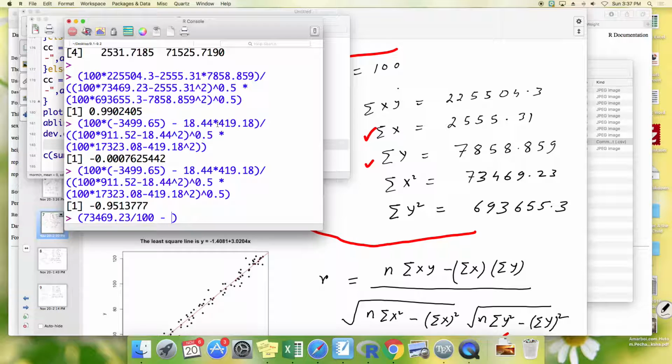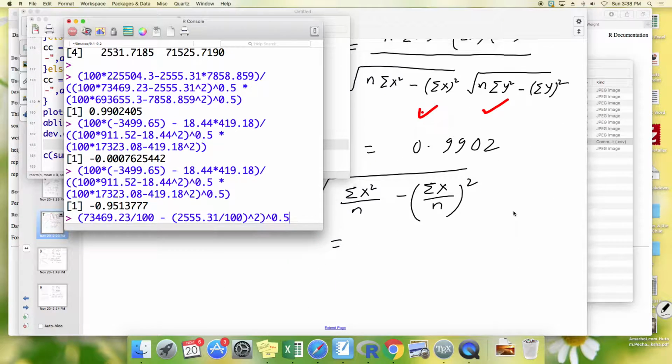Summation x is 2555.31 divided by 100, and then square this thing, and then take the square root of the entire thing.